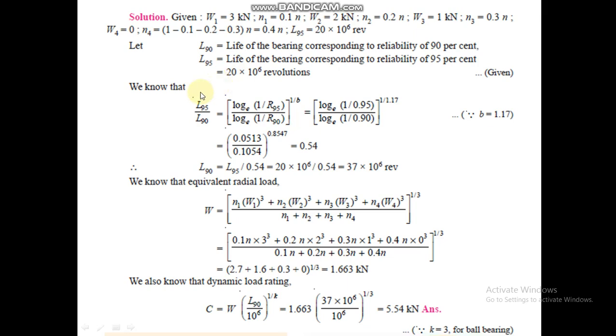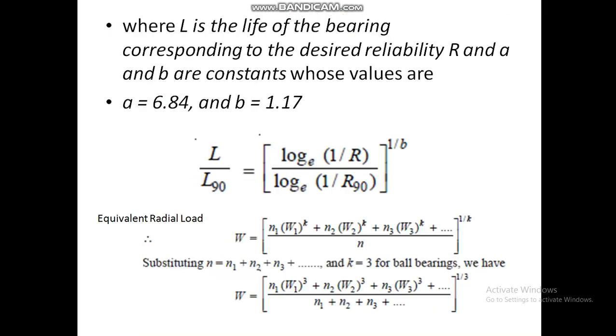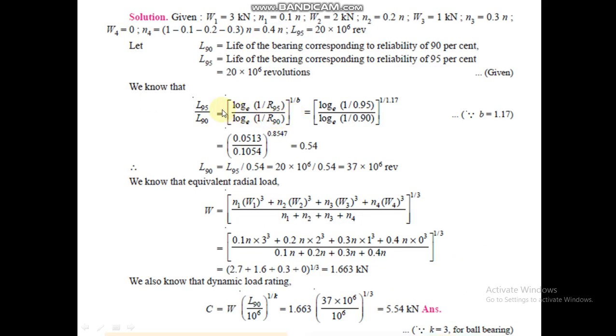As we have discussed, the formula given by Weibull is L by L90 is equal to log 1 by R divided by log 1 by R90, raised to power 1 by B, where B is 1.17. We apply this formula: L95 by L90 equals log 1 by R95 over log 1 by R90, raised to power 1 by B, B is 1.17.